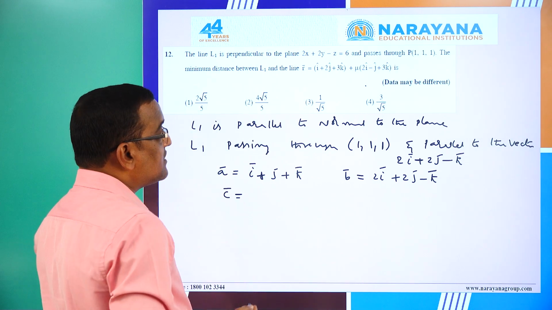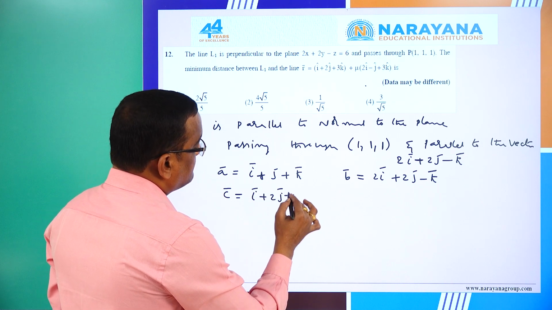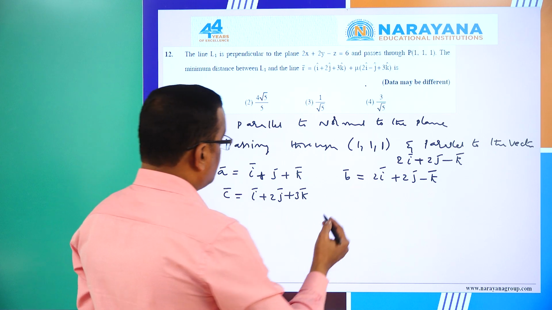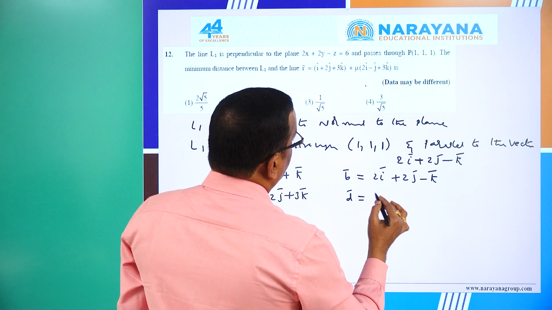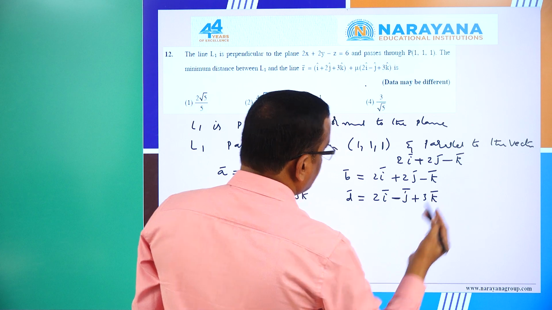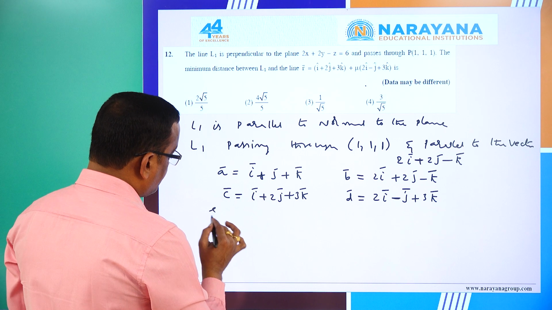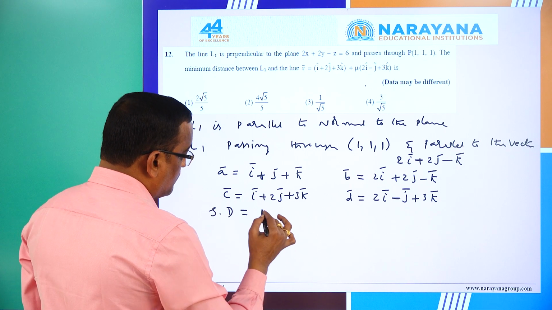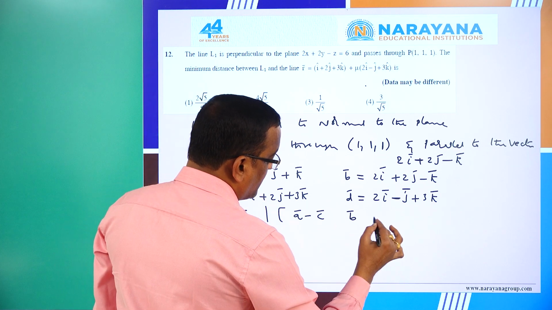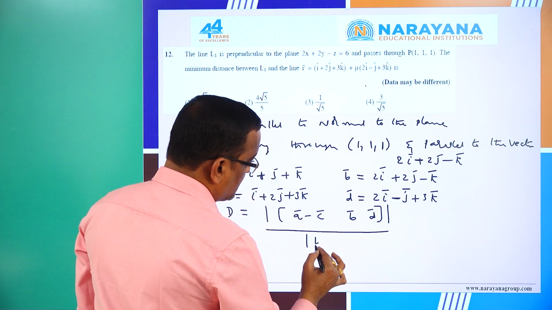The second line passes through the point C bar, i plus 2j plus 3k, and is parallel to the vector D bar, that is 2i minus j plus 3k. Now, the shortest distance between them is mod of the box product of A bar minus C bar, B bar, D bar, divided by mod of B cross D.